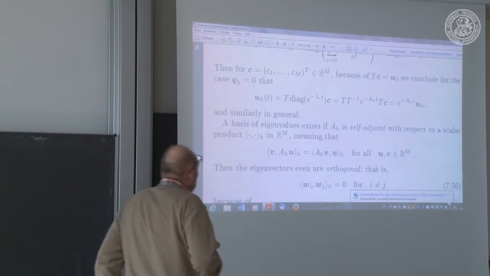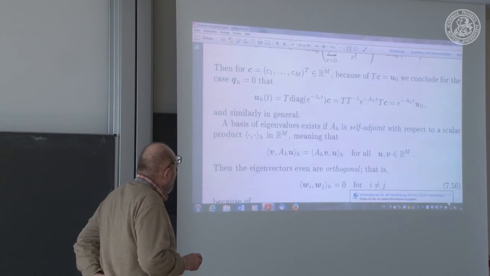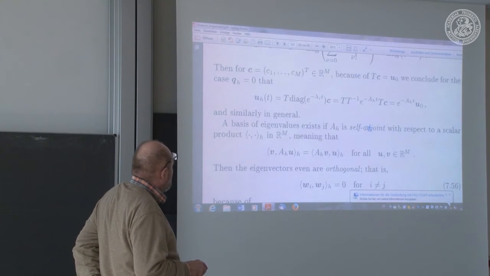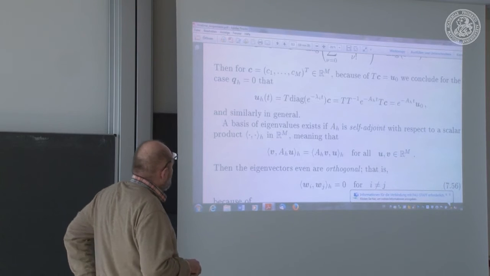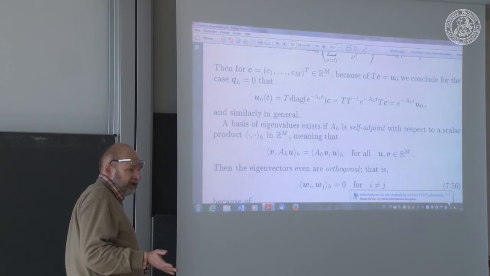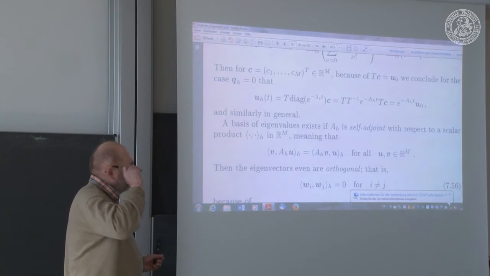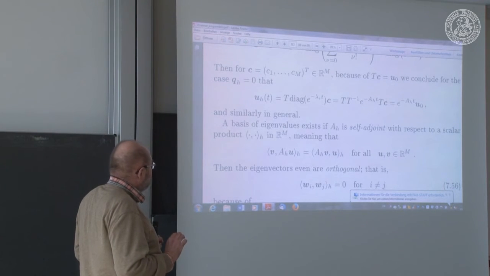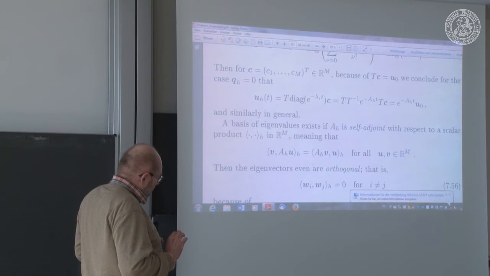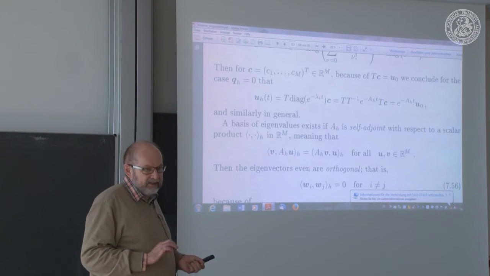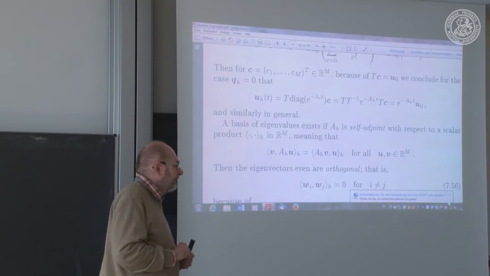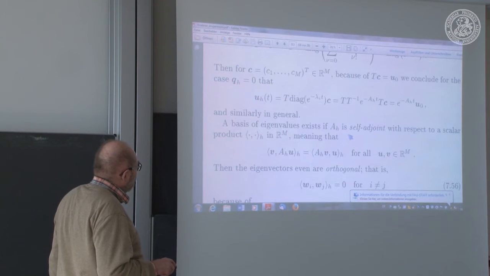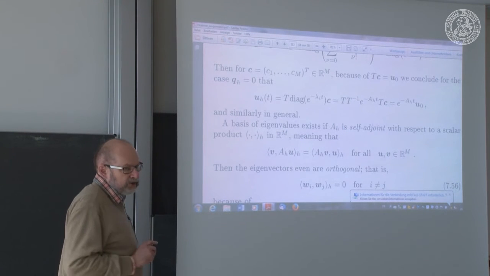Okay. Now we go on a little bit in our requirements. What we did up to now we can do with any eigenvector basis. Now we restrict ourselves a little bit more in the sense that we want to have an orthogonal or orthonormal eigenvector basis, and this is for sure if the matrix is self-adjoint.